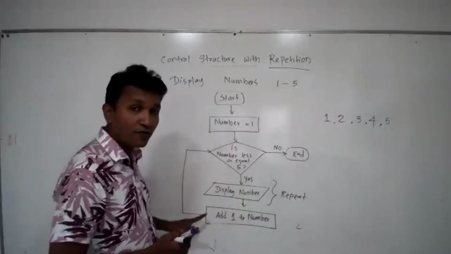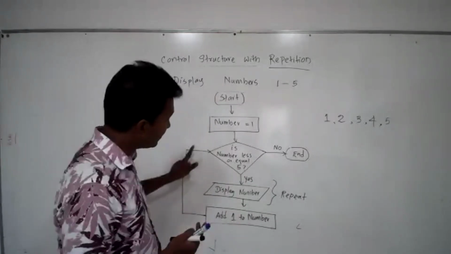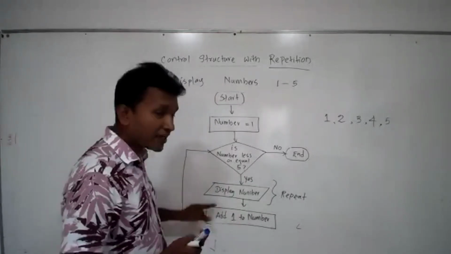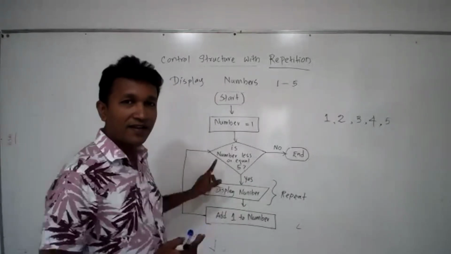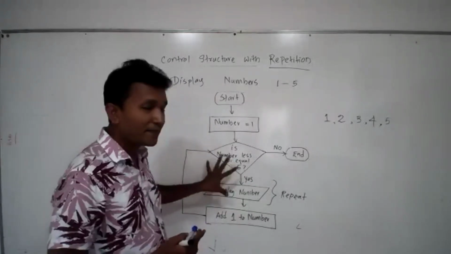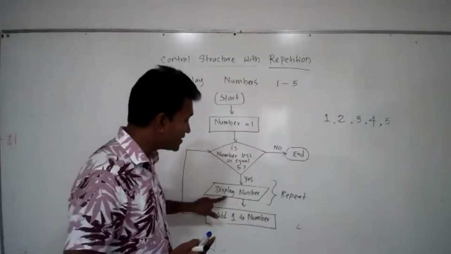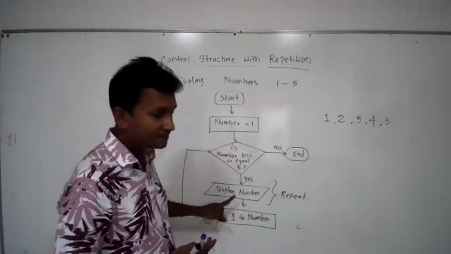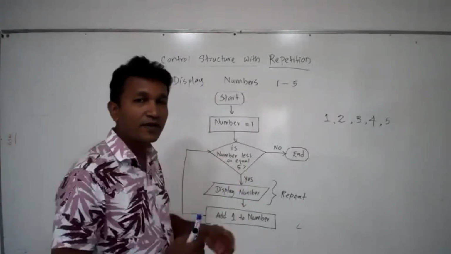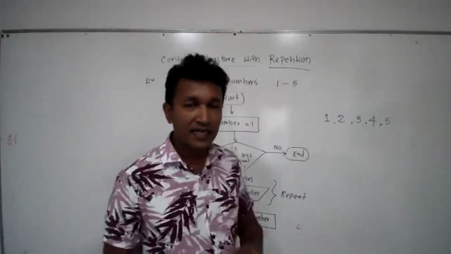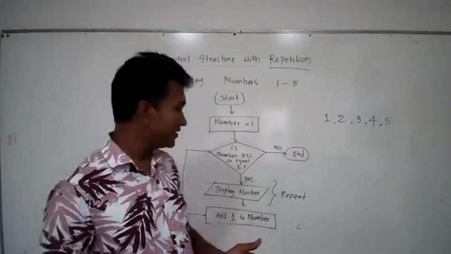If the direction of flow goes from bottom to top, අනිවාර්යෙන් there is a repetition, right? Remember that. That means some steps are repeating. It can be one step or several steps. It depends on the question.